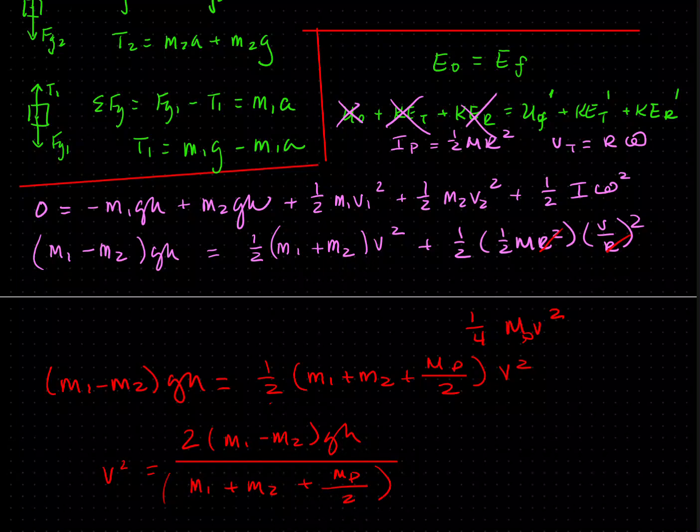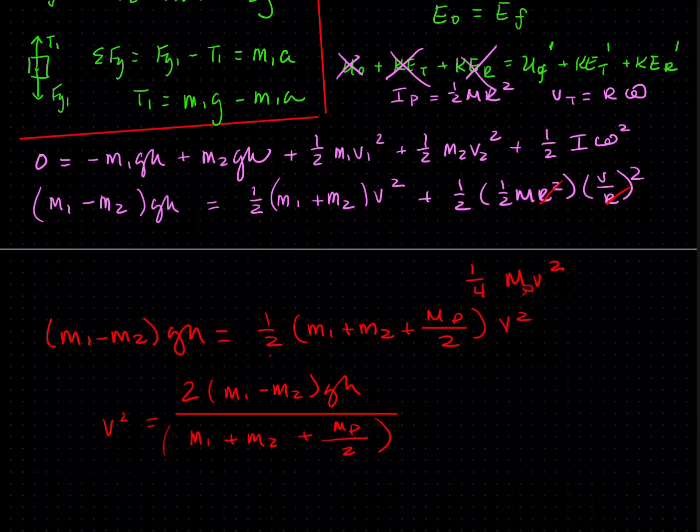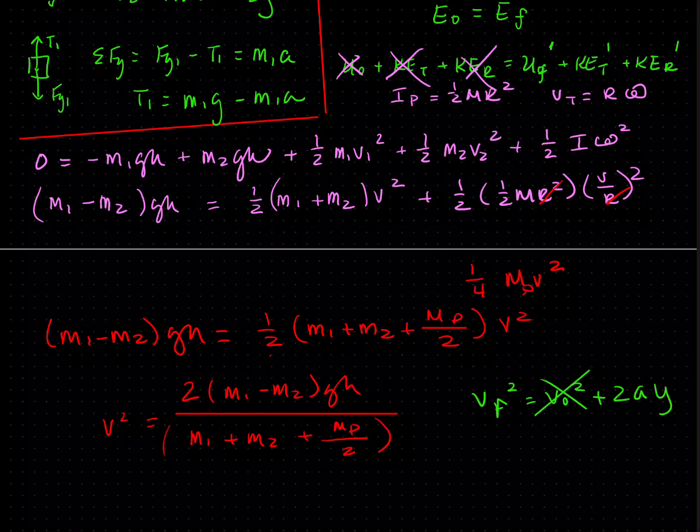This is V squared. So let's say I need to find the tangential acceleration. We're going to use the linear kinematics equation. We know that V final squared is equal to V initial squared plus 2aY. Initial is 0. This is why the kinetic energy at the initial was 0. So V final squared is equal to 2aY.